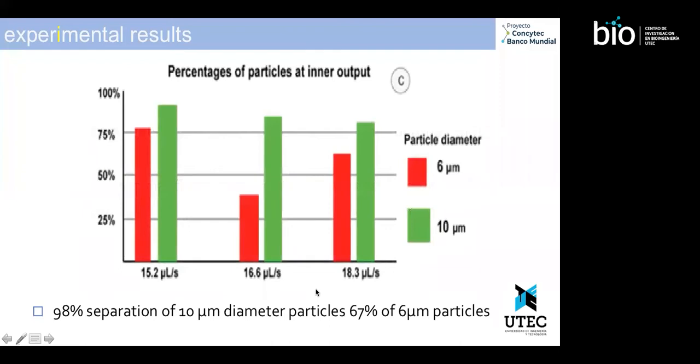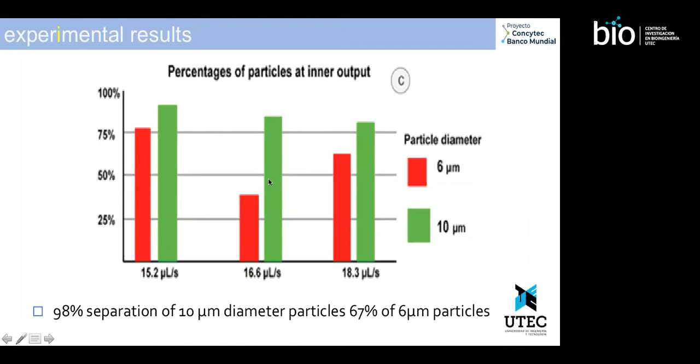So we can see at different flow velocities that we have the 98% separation at the 16.6. So you can see that at 15.2, although the separation looks slightly higher, the difference in separation is not so big.